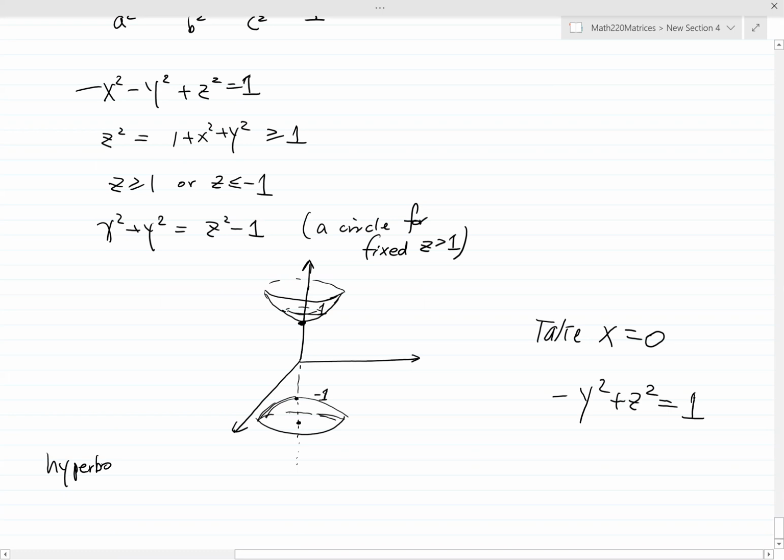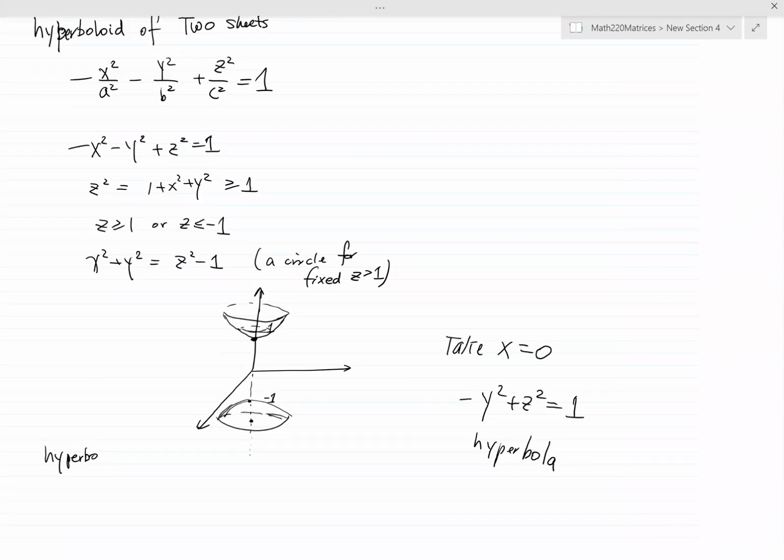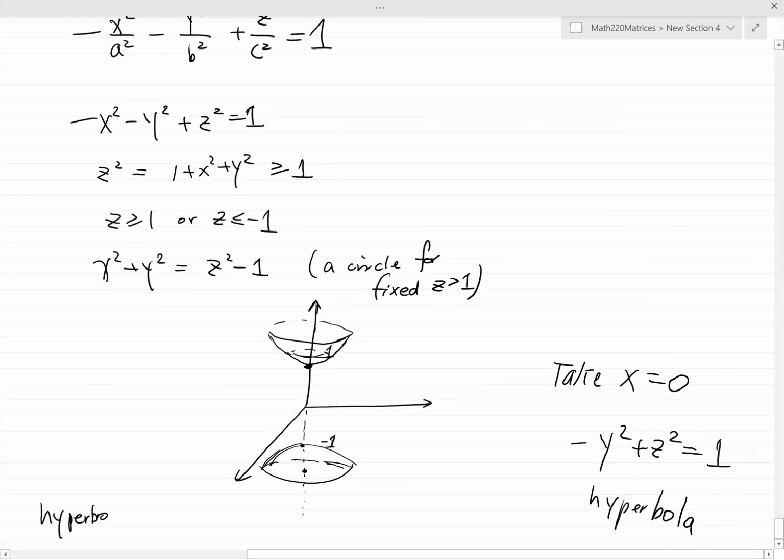So this is actually a hyperbola. So the name is hyperboloid. In some sense, we rotate it, and then we get a hyperboloid.